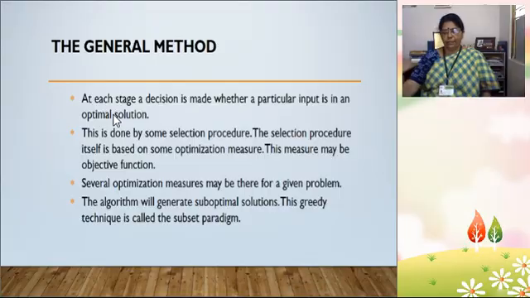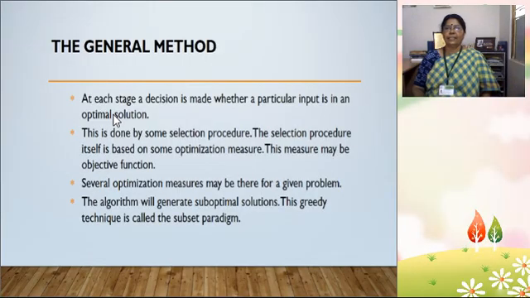Say, for example, it's an optimization of profit. We'll be choosing the input that yields the highest profit, but it should satisfy the given constraints. When you add the input with the highest profit, it should not violate the given constraint.